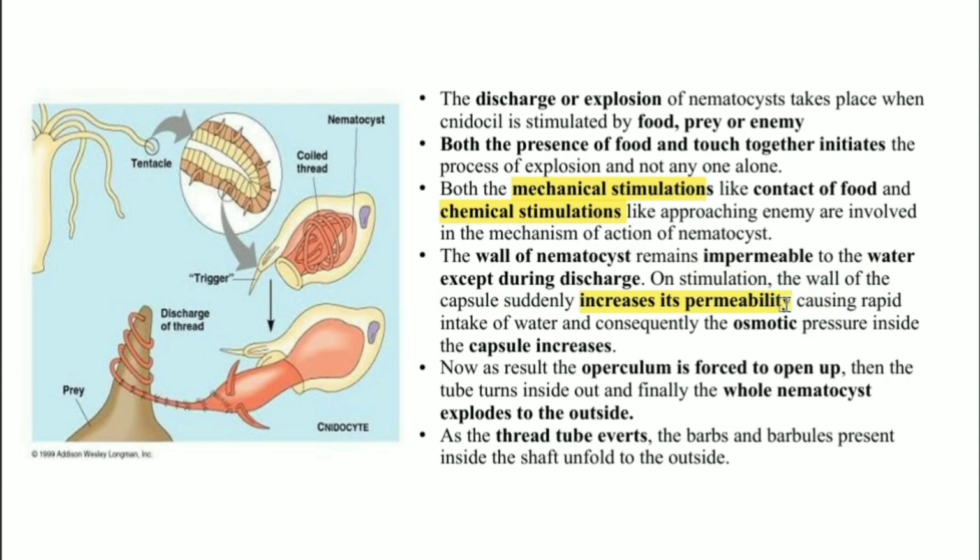And due to increase in permeability, the osmotic pressure inside the capsule increases. And due to increase in the pressure, the whole nematocyst explodes outside, and the thread tube everts, and the base of the thread tube has a shaft which contains barbs and barbules.